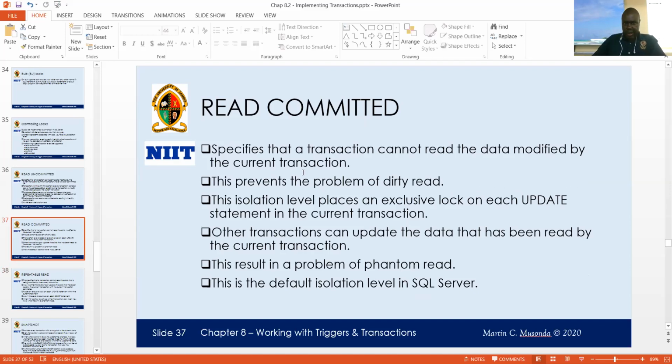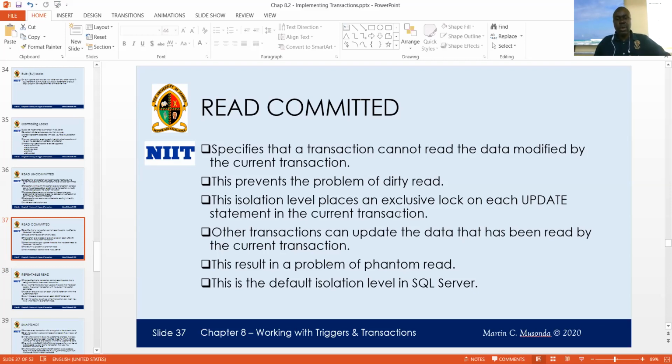In read committed, we're saying a transaction cannot read the data modified by the current transaction. This prevents the problem of dirty read. This isolation places an exclusive lock on each update statement in the current transaction.